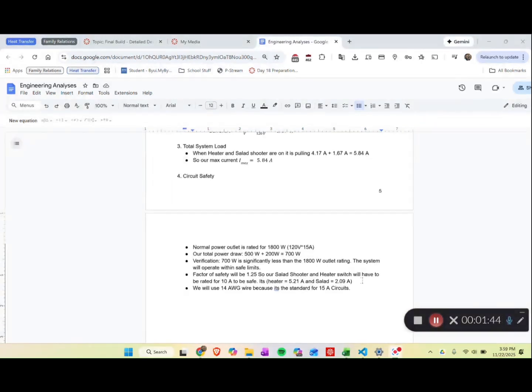For our wires, we are going to be using 14 gauge wire because it's standard for 15 amp circuits, and we're only going to be at 5 amps really most of the time, so that should be good.